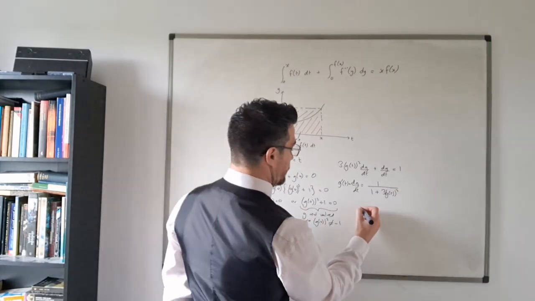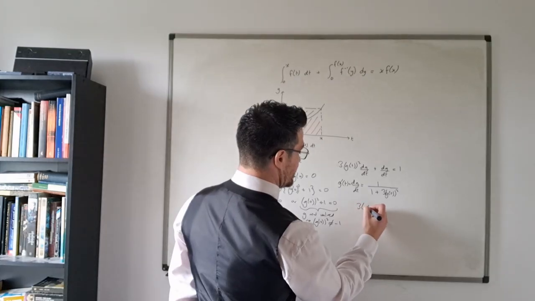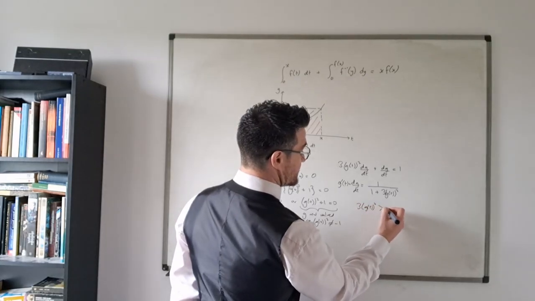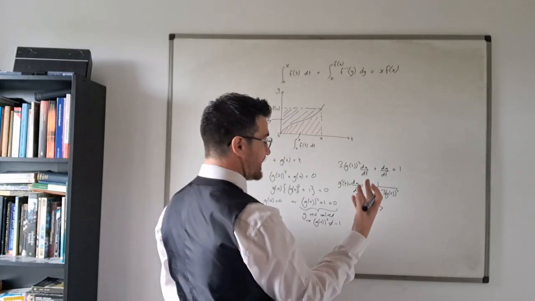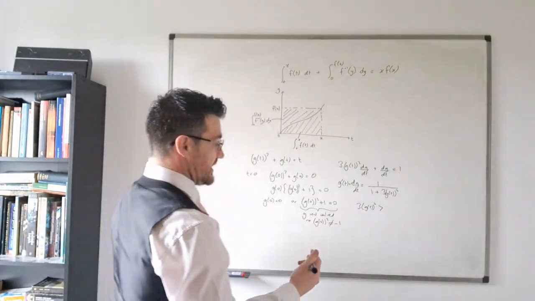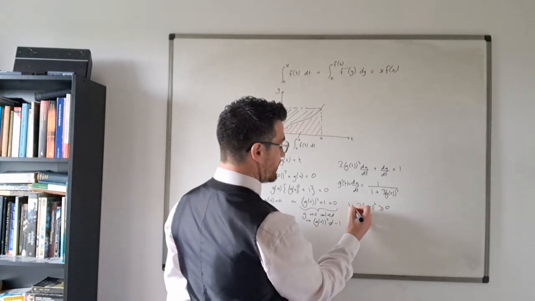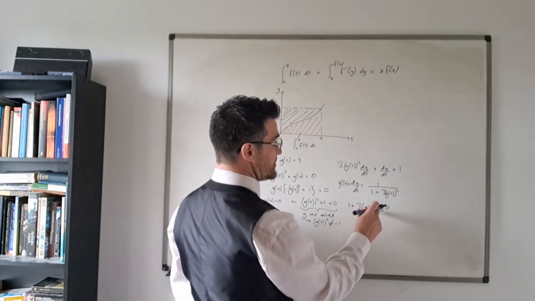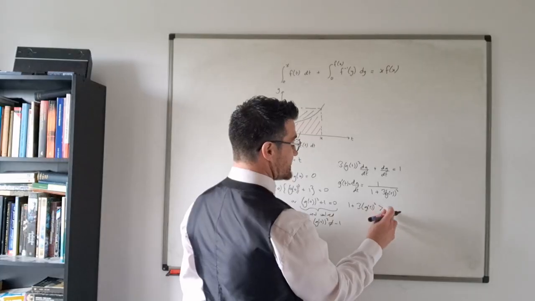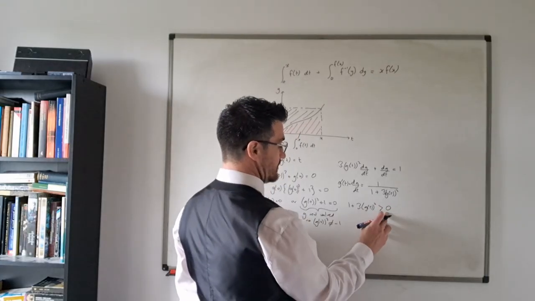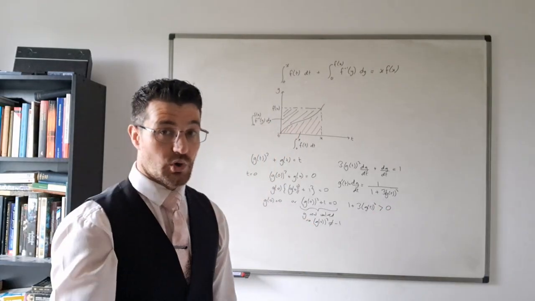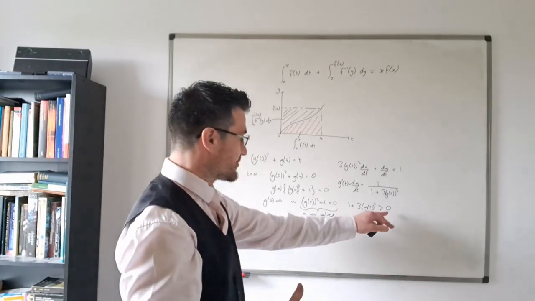Okay, but 3 (g of t) squared is always going to be greater than or equal to 0. So therefore 1 plus 3 (g of t) squared is going to be greater than 0. Okay, we could say it's greater than or equal to 1, but it suffices to say that it's greater than 0.